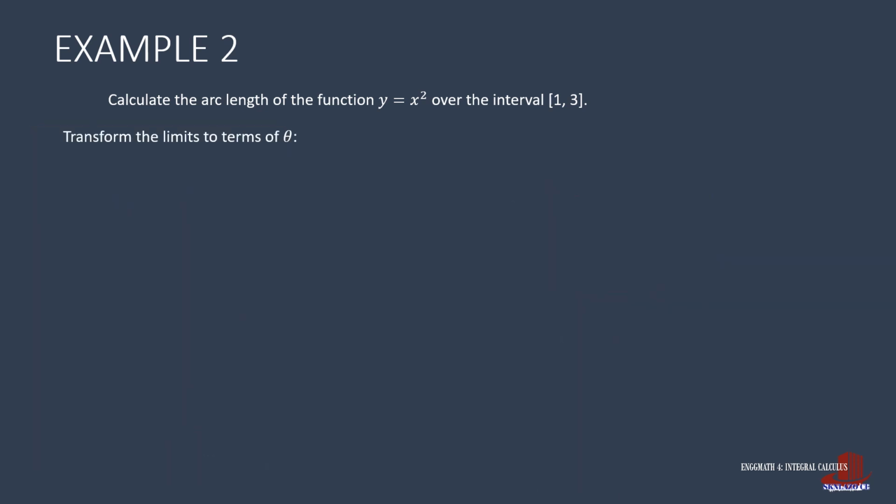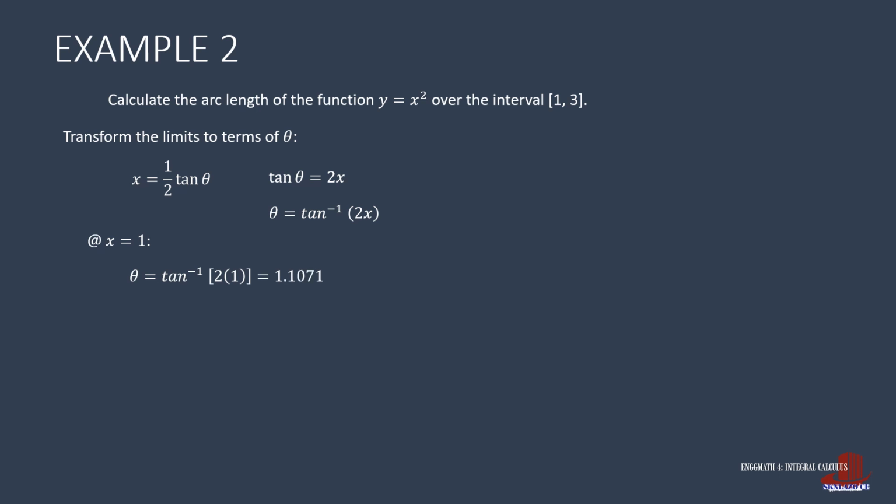Like what we did earlier, let's just transform the limits in terms of theta, using x as half of tangent theta. Transpose 1/2 and have the tangent of theta as 2x. Then theta is computed as arctangent of 2x. So to transform, we plug x as 1 for the lower limit.